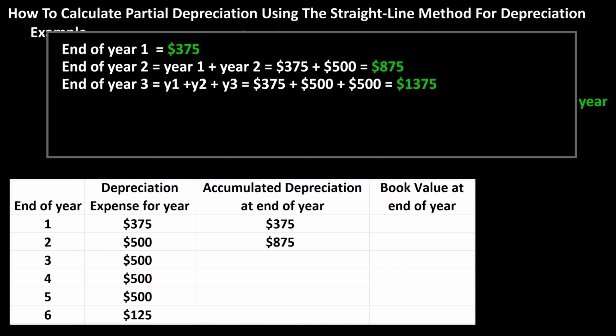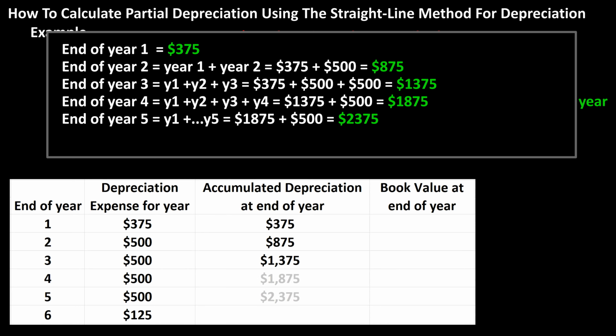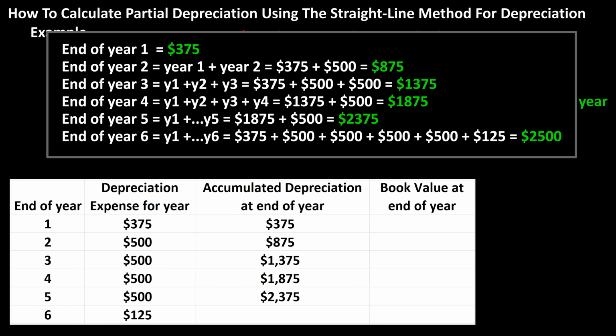So $375 plus $500 plus $500, which is $1,375. And at the end of year 4, it will be $1,875, and after year 5, it will be $2,375. And at the end of year 6, it will be $375 plus $500 plus $500 plus $500 plus $500 plus the $125 from year 6, which equals $2,500. And this column is complete.